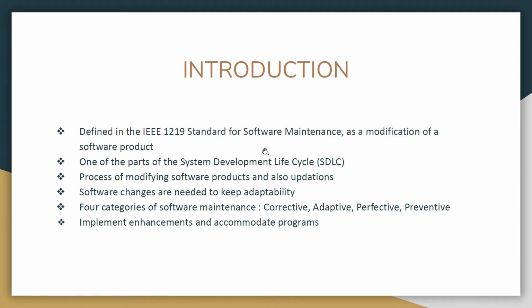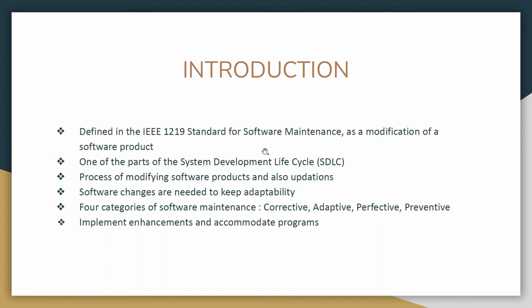Nowadays, the software maintenance process is one of the parts of the system development life cycle, which is SDLC. It is the process of modifying software products, and updates are done after the delivery of software products to the customer and to improve performance to the customer.